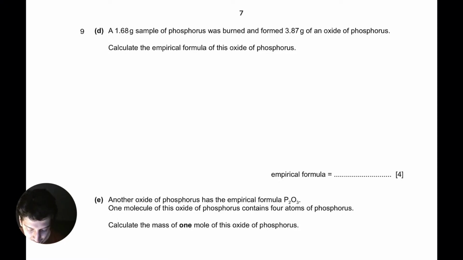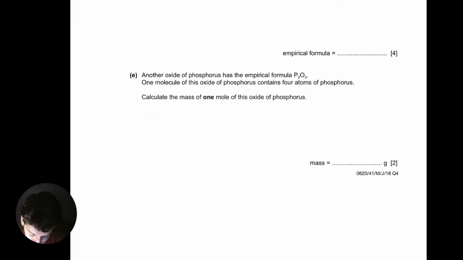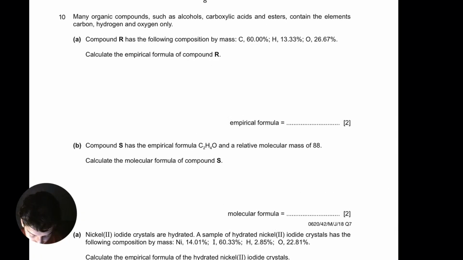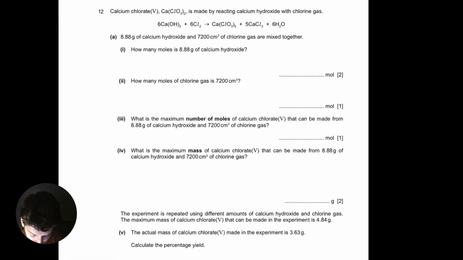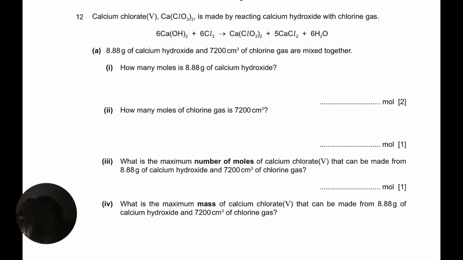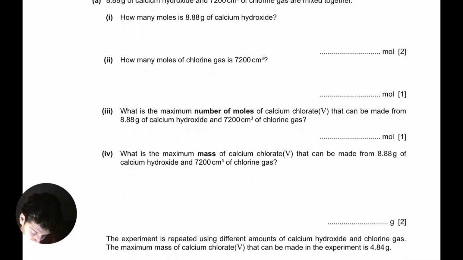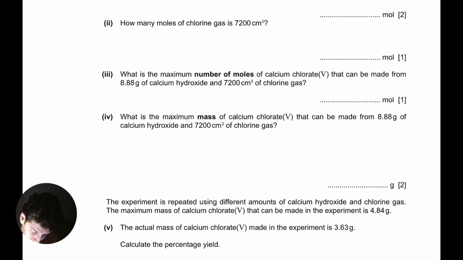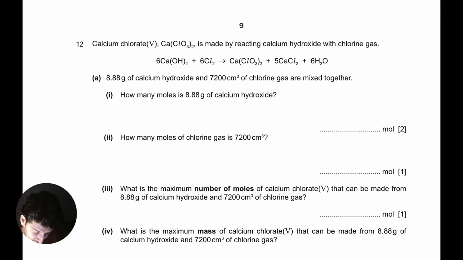Calculate the empirical formula of this oxide of phosphorus. Oh, we won't do this question. I think it's a little more difficult. This is hydroxide. Yeah, I think we can do this.